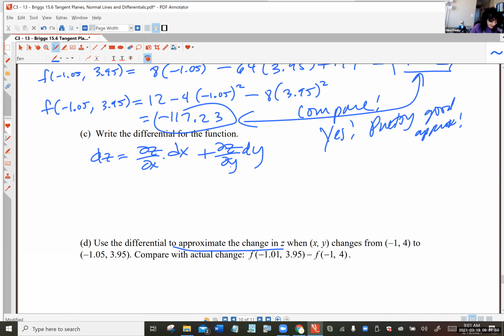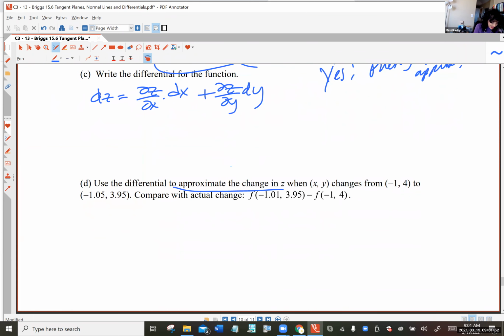Great. Move on. Letter D says use that differential to approximate changes in z when your point (x,y) starts at -1, 4 and moves over to this other point, which is pretty close by, -1.05, 3.95. Before I start plugging into my differential, I need to get my dx, which is basically the same as delta x.